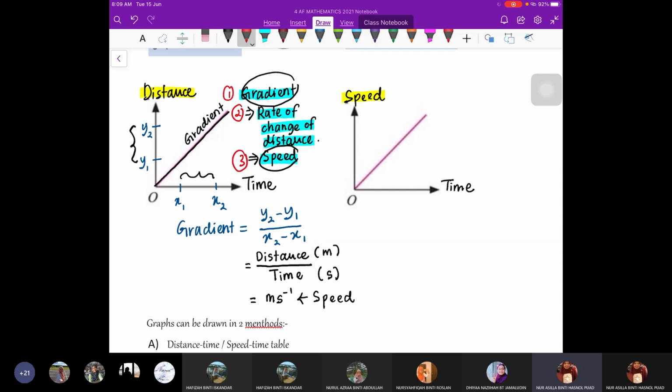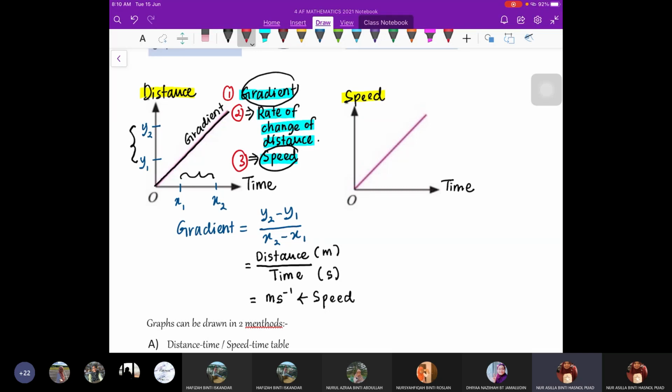Jadi kalau soalan minta you find the speed, so you will use gradient. Cari je gradient, tu je yang dia nak sebenarnya. Distance over time. Kalau dia minta rate of change of distance, it's the same thing. Dia sebenarnya nak gradient, which is the speed.